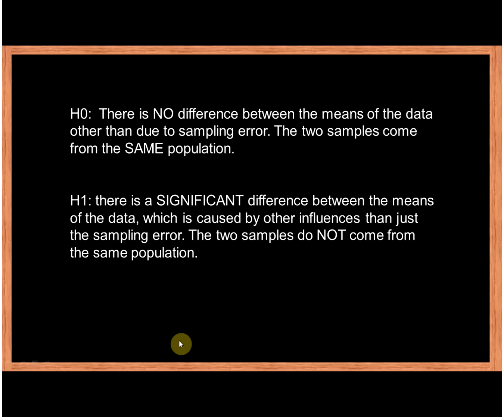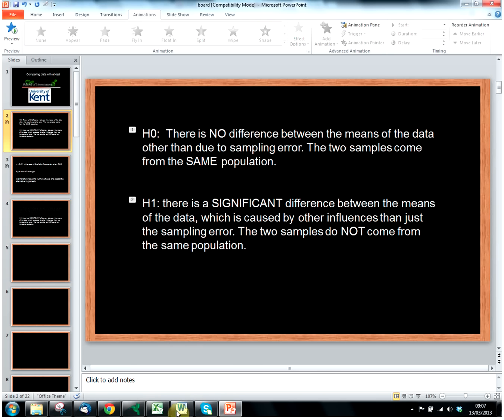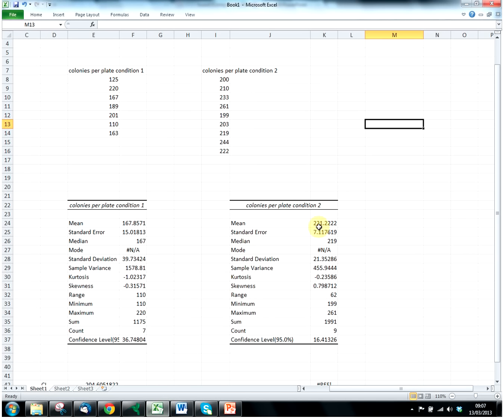So how am I going to do that? In this case, I can use a t-test, and Excel has a special function for a t-test, so I can compare these data with this t-test.